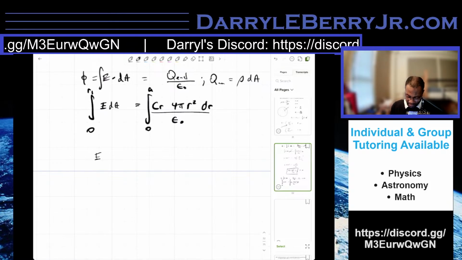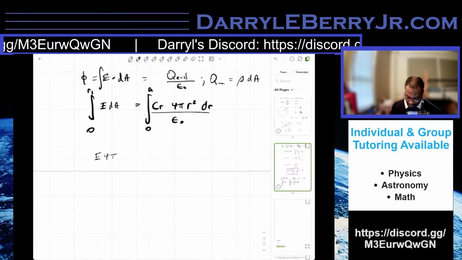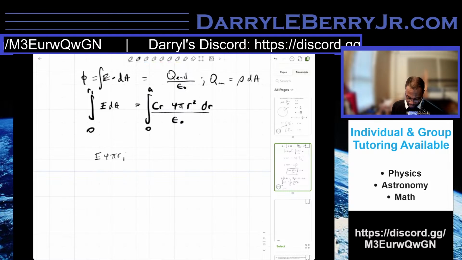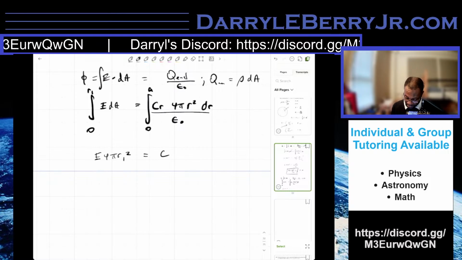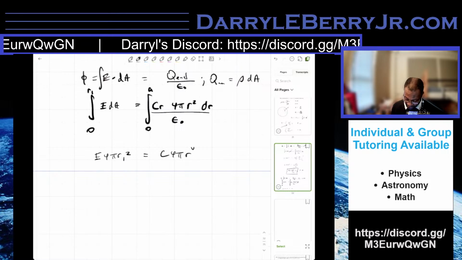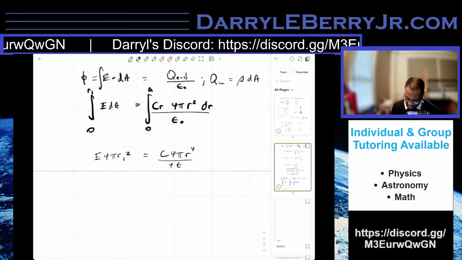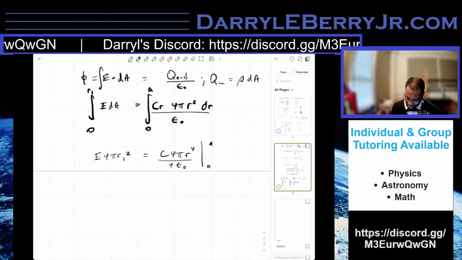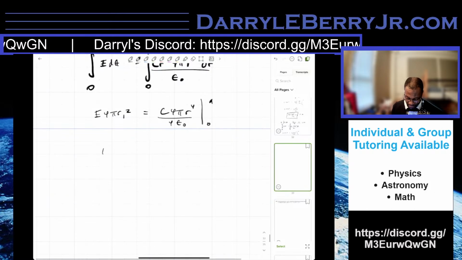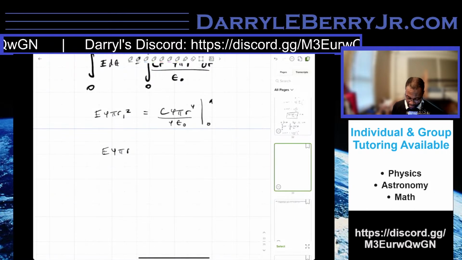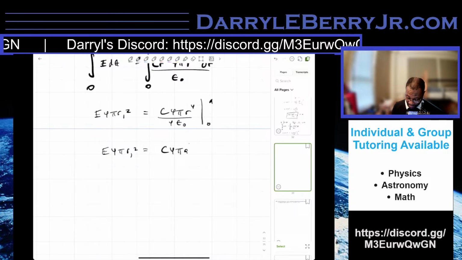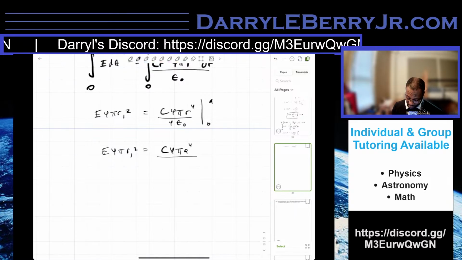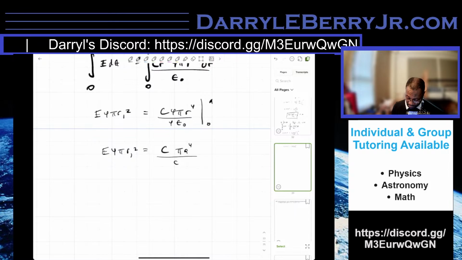So we have E 4 pi r1 squared equals C 4 pi r to the fourth over 4 epsilon naught, going from 0 to A. So this is E 4 pi r1 squared equals C 4 pi a to the fourth over epsilon naught.